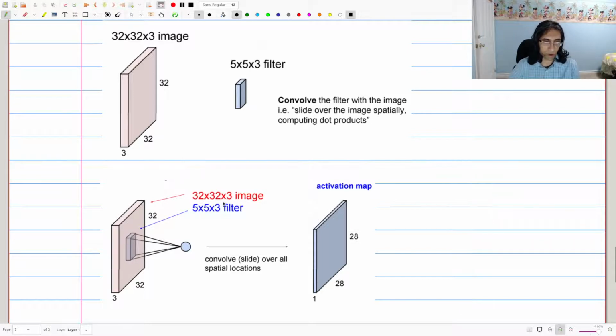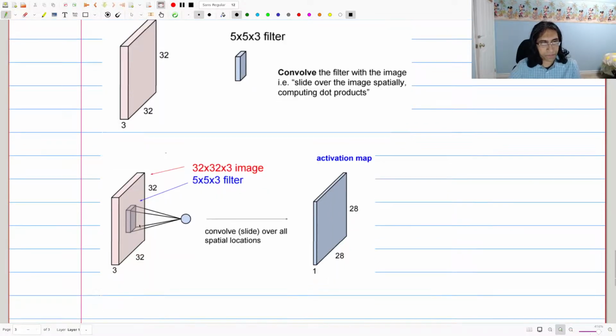So you're always going to have the same depth in your image as in your filters. You slide this filter over and generate one value for each place where the filter lands.